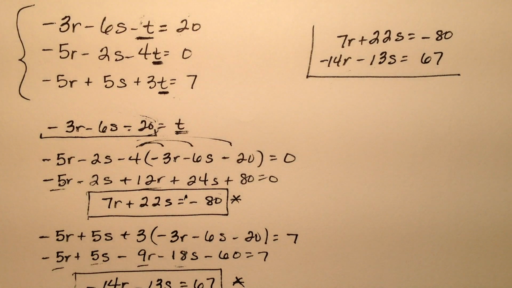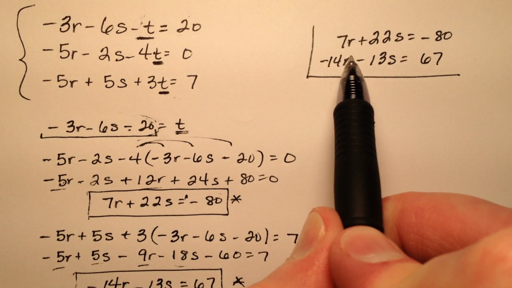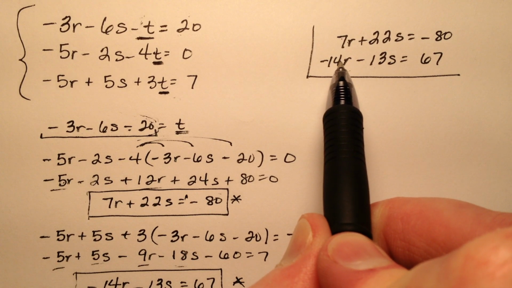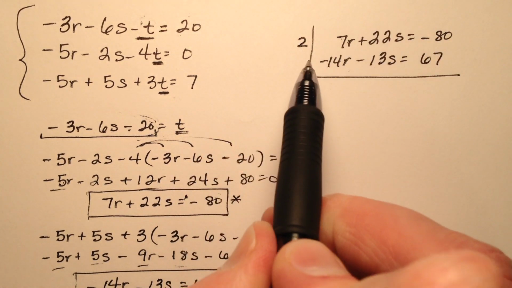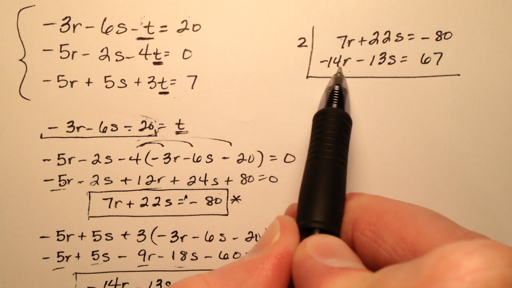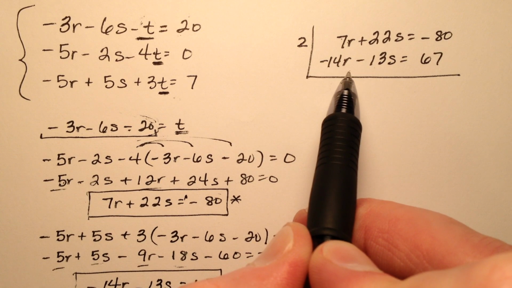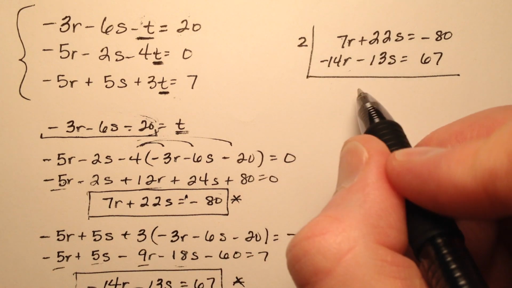Now it looks like elimination is going to be a really good choice here because of the r coefficients, 7 and 14. Well, 7 is a factor of 14, so I know if I multiply the top equation by 2, 2 times 7 is positive 14, and then this negative 14, so when I add the 2 equations together, the r's will eliminate. Let's run this 2 through.